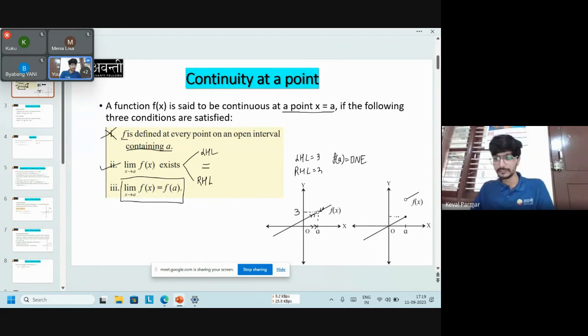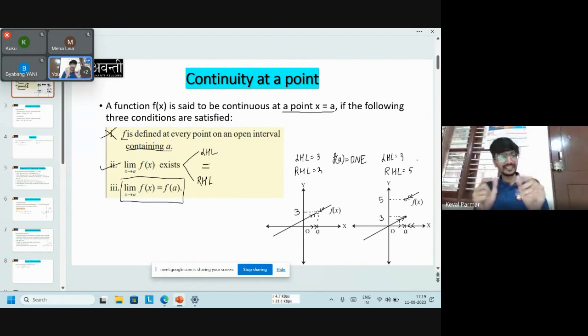Now let's look at the right example. Suppose this value is 3 and this value is 5. If I approach a from the left hand side, my graph approaches 3, so the left hand limit is 3. If I approach a from the right hand side, my graph approaches 5, so the right hand limit is 5.